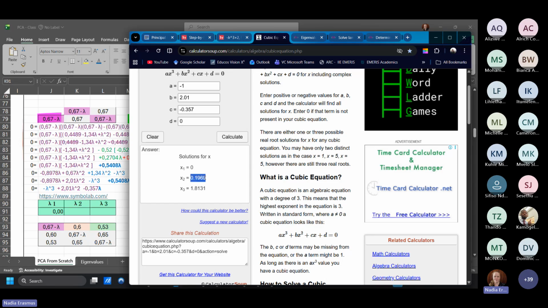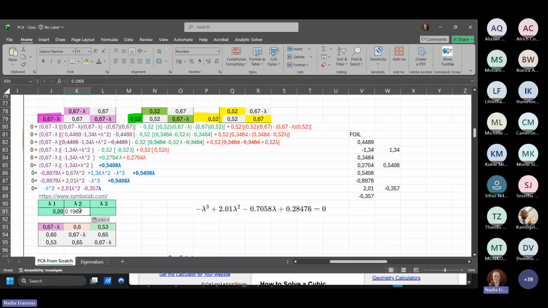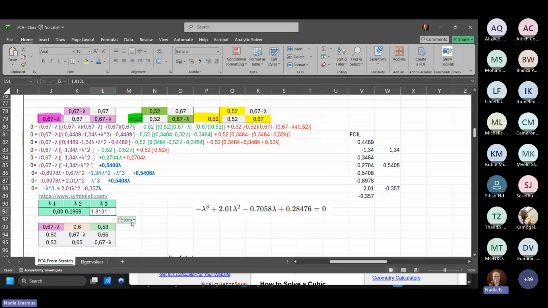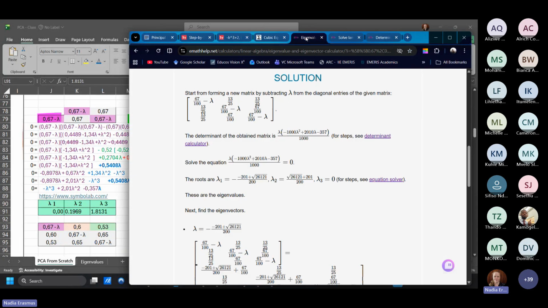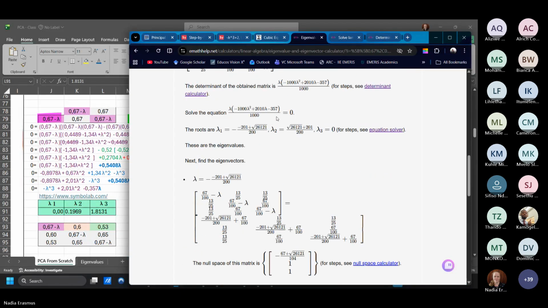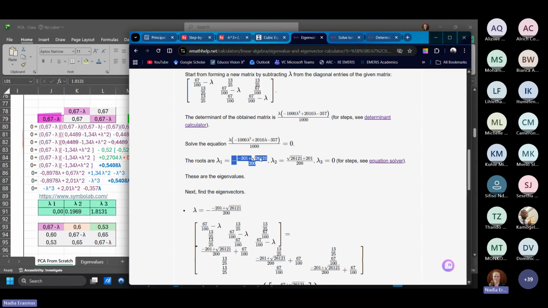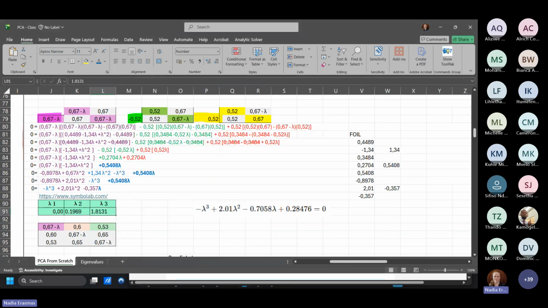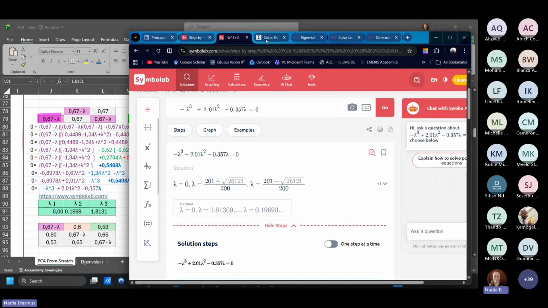This one says it is this value. And let's just see, this one is 0.81. So we're going to see if it has the same values. Okay, then we're going to look at this one. This one's values were, oh great, it's in this format. So this one is 0 and it's 1.813. That's also correct. And 0. Okay, so that one also gave me the correct answer, so mine was correct.